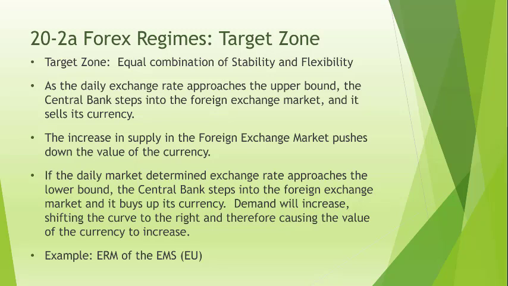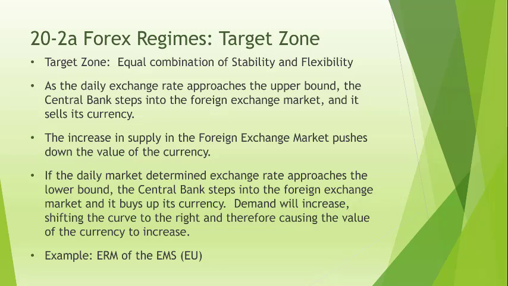exchange market and intervene. So if, for instance, the currency started to appreciate but went too far and hit the upper bound of the band, then the central bank has to step in. It has to make the currency weaker. So how does it do that?